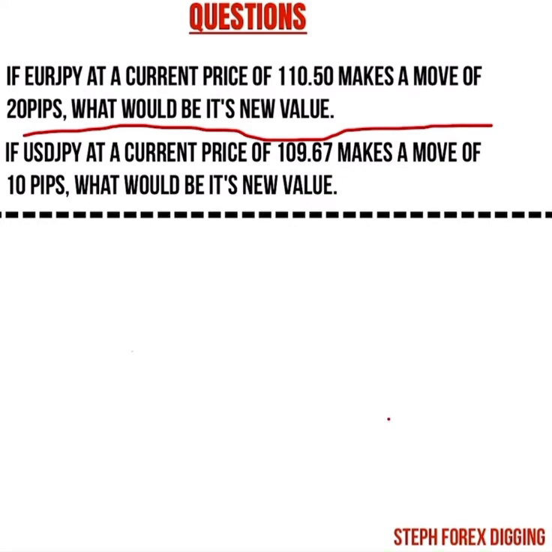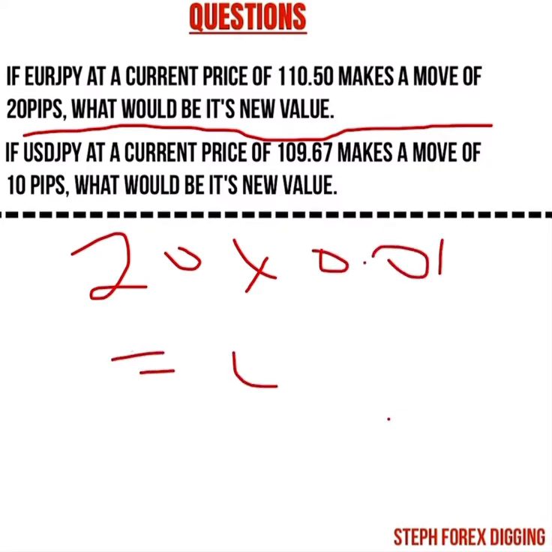Alright, so we've done that, and 20 times 0.01 is going to leave us with 0.2. Alright, 0.2.